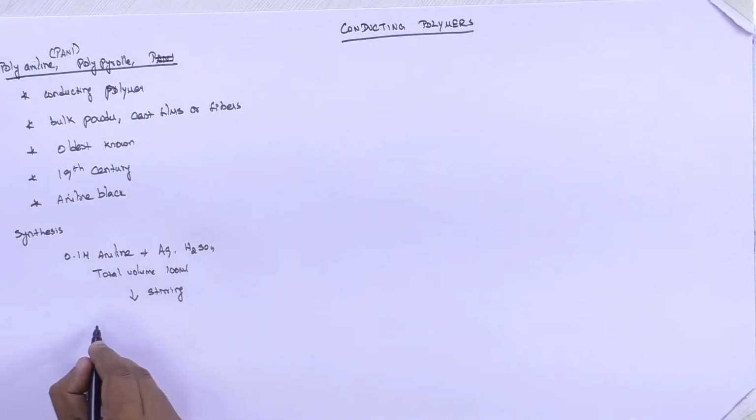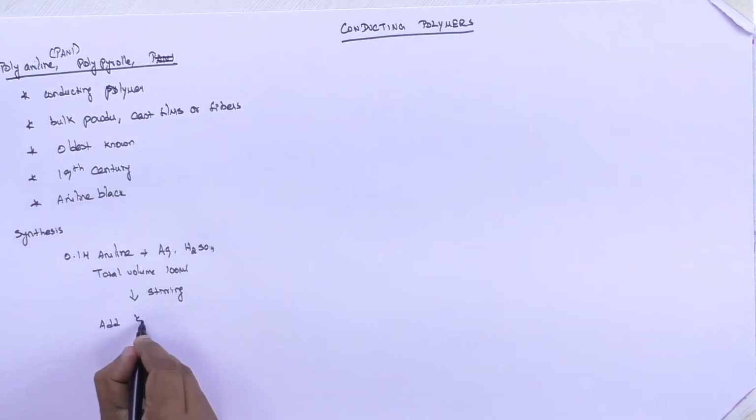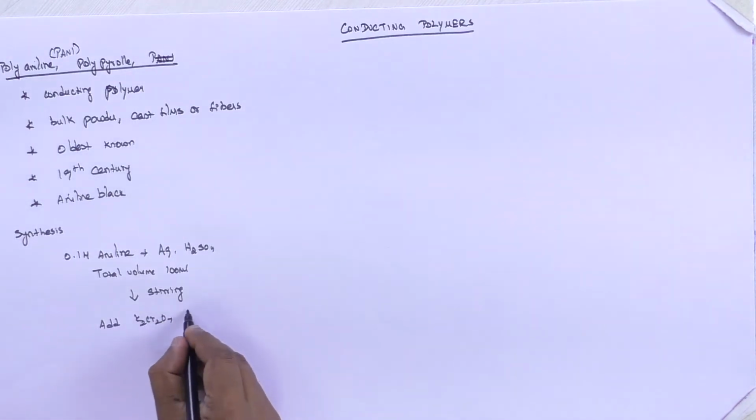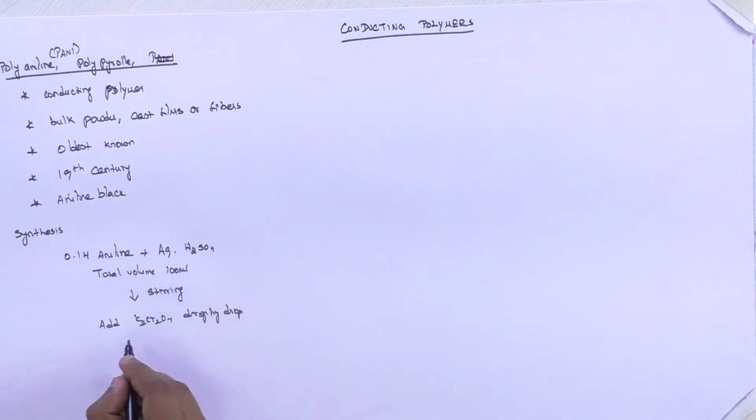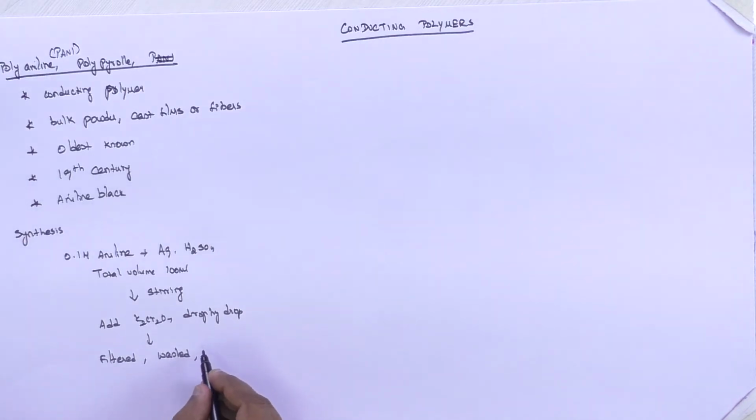Then you add K2Cr2O7, potassium dichromate, drop by drop during stirring. What happens? You have a final product which is filtered and washed, and washing should be done with dilute sulfuric acid only, not with water.